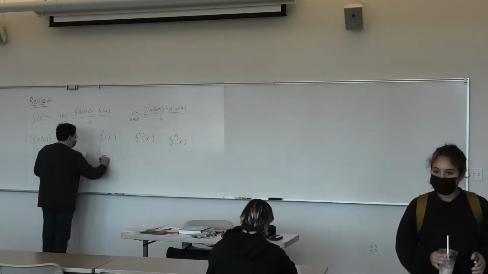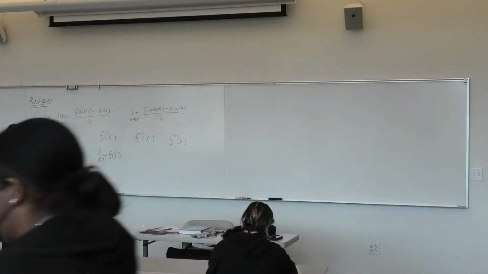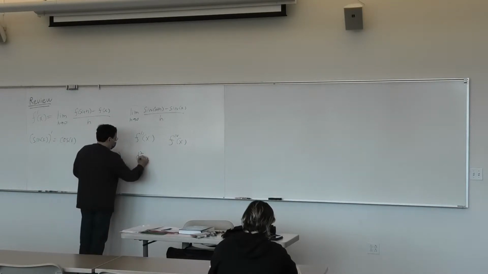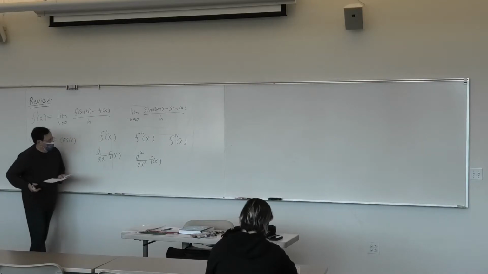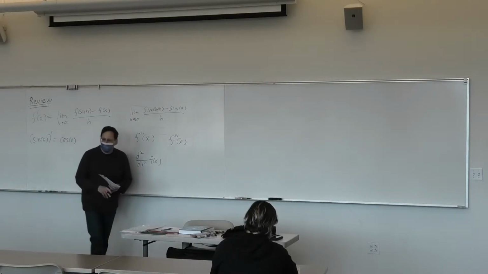We would say d dx of a function is the derivative. Second derivative, we kind of use this tortured syntax. Nothing being squared here, but this means we apply the derivative to this function twice.